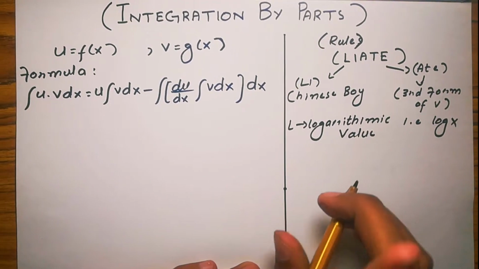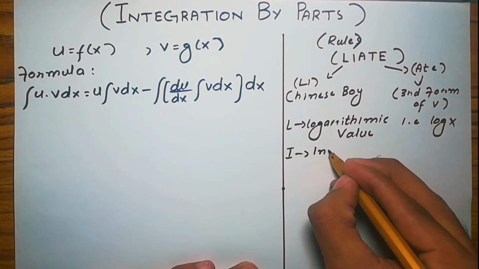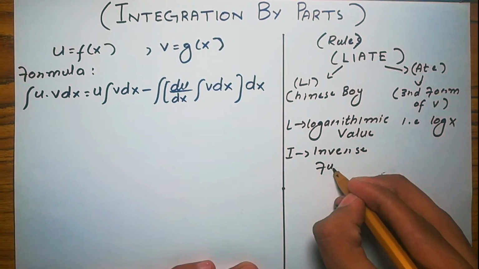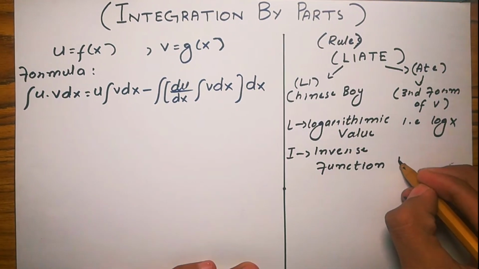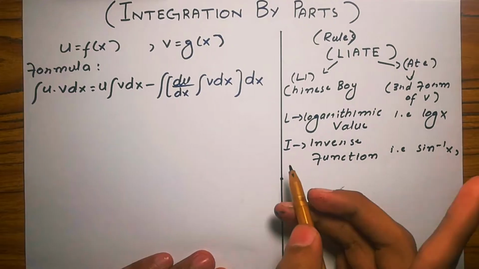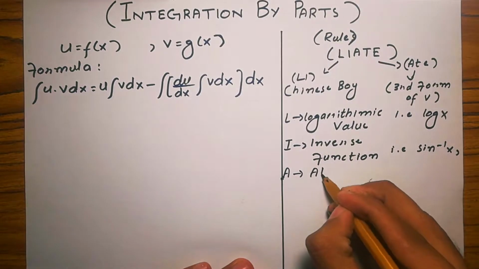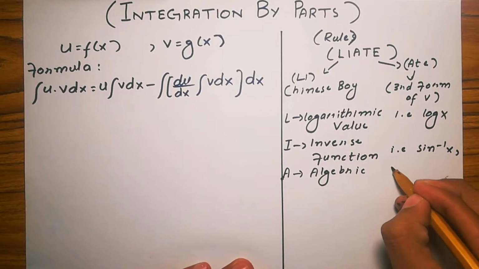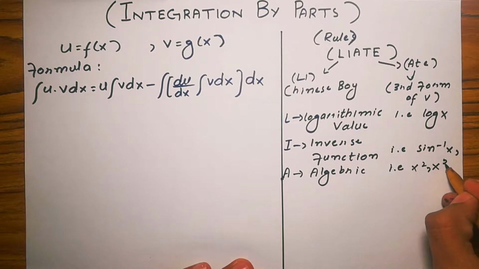I means inverse function, that can be sine inverse x. After that, A is algebraic function, that can be x square, x cube.